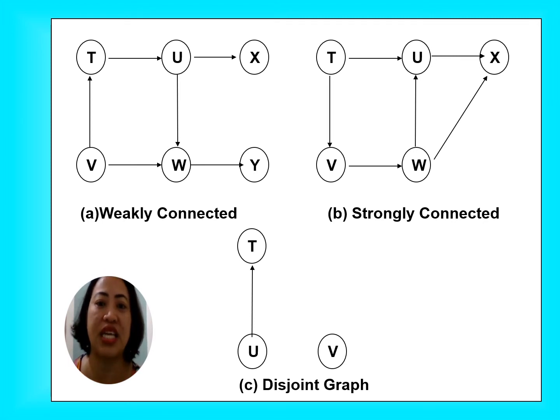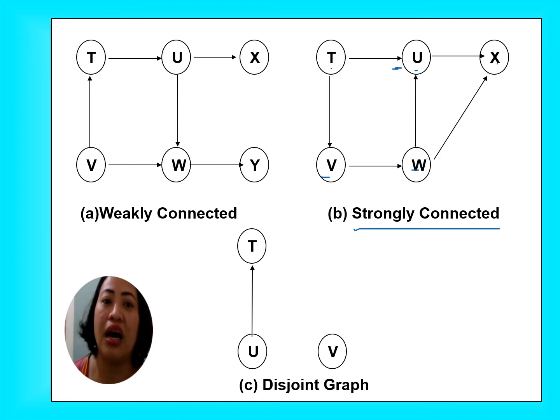So again, when we say strongly connected graph, it is a directed graph, so it has arrows, which has a path from each vertex to every other vertex in the digraph. So every vertex has a connection with other vertices.